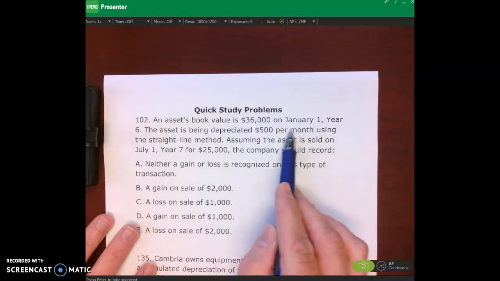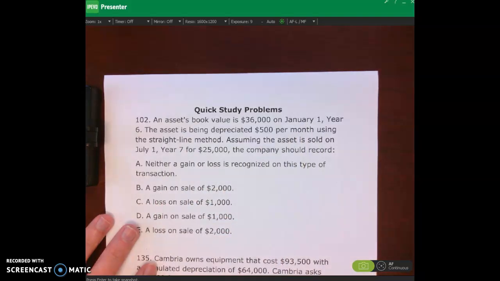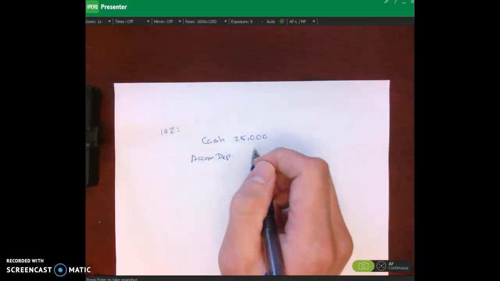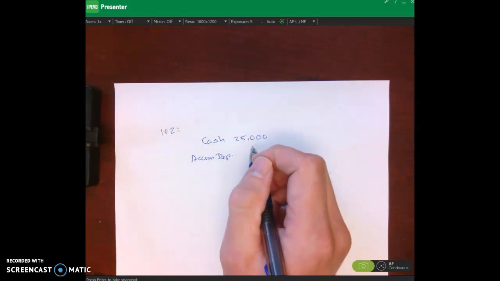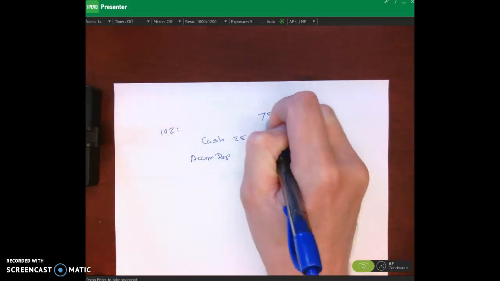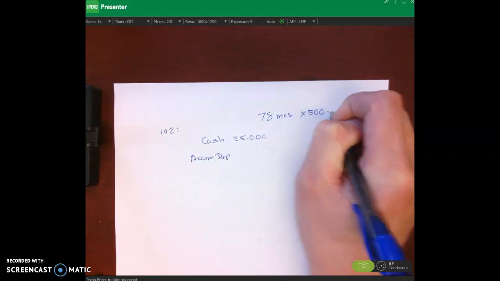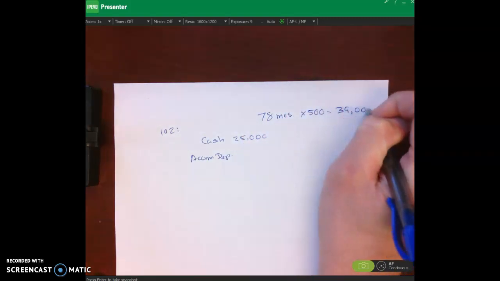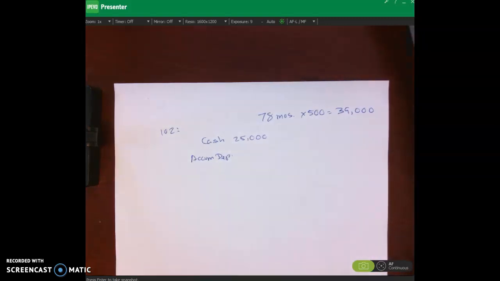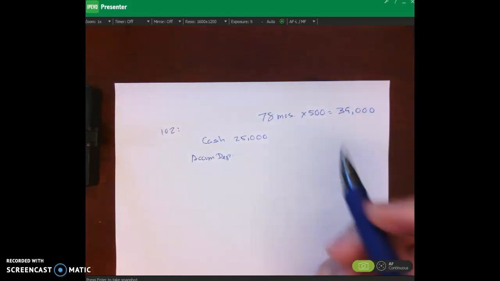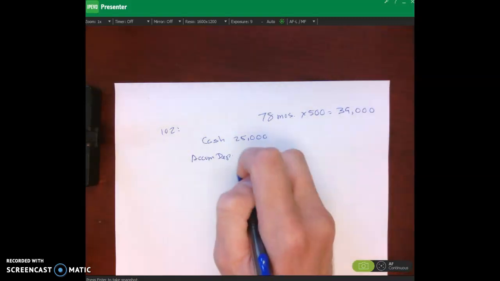And then we have another year and a half, so another 18 months, so 78 months total. 78 months times the $500 per month gives us $39,000. So that would be the amount of accumulated depreciation.